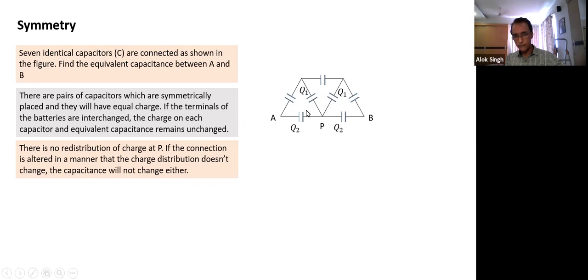Actually, if I remove this junction, if I slightly modify the junction in such a way, the charge distribution does not change. If the charge distribution does not change, the capacitance does not change either, because capacitance is based on charge distribution, and charge distribution affects the field, and that affects the potential difference. So let's see how we alter the connection here.